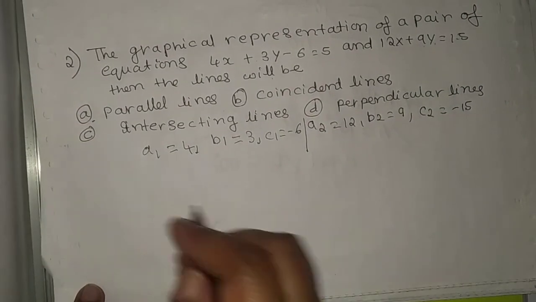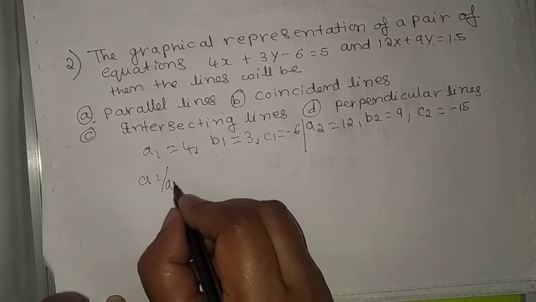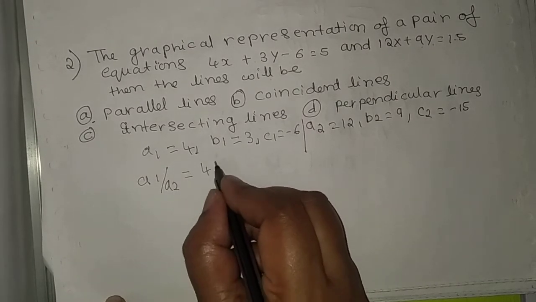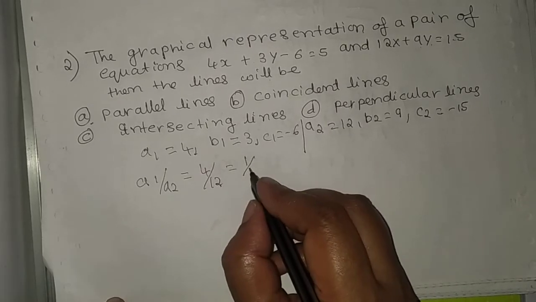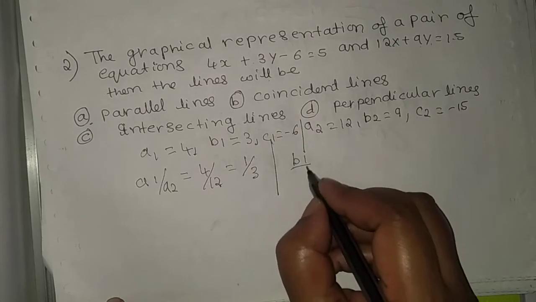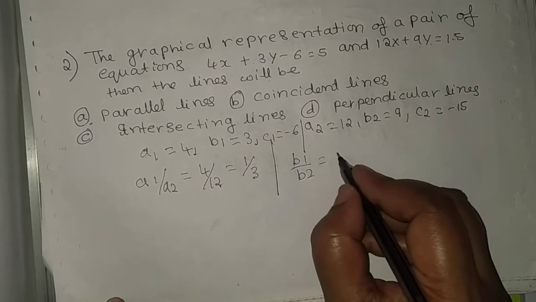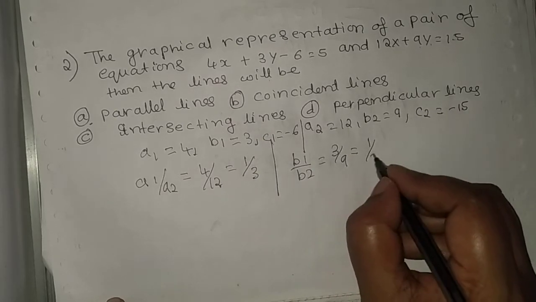So now we write a1 by a2 is equal to 4 by 12, which becomes 1 by 3. Next b1 by b2 is 3 by 9, which is 1 by 3.